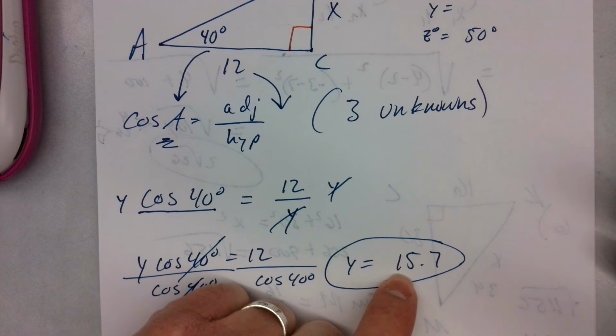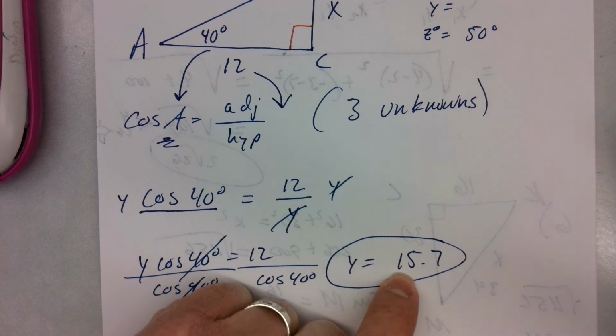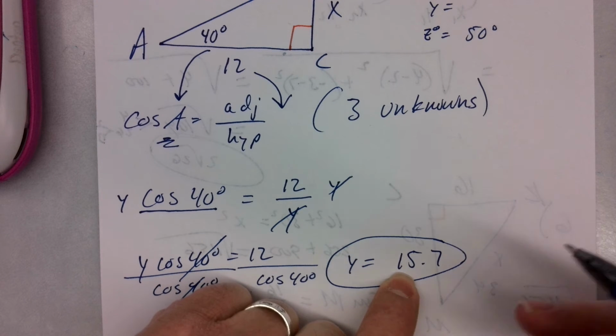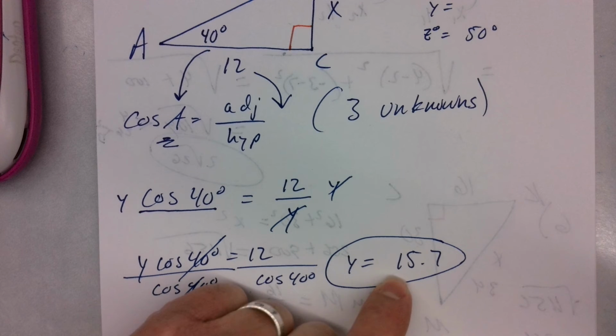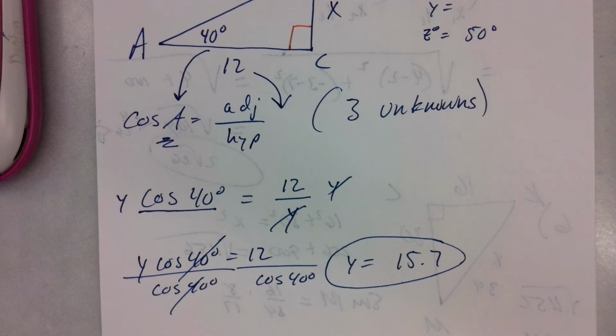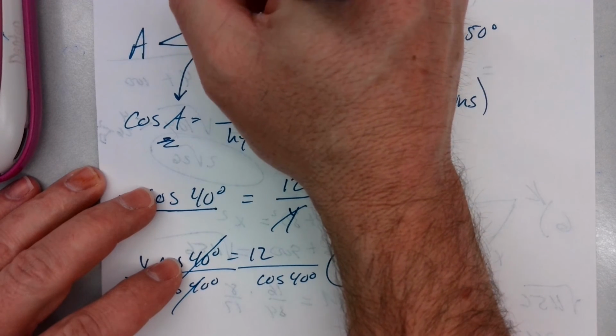And you really can't guarantee that you're right, but you can guarantee that you're wrong, right? So if I got that number and it was less than 12, what would I automatically have known? Yeah, that it was wrong. Is that number bigger than 12? Yeah, so you're telling me I've got a chance. Right? Do you see what I'm saying? So kind of look at it that way, and I'm going to get 15.7.